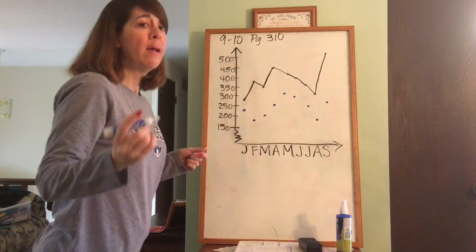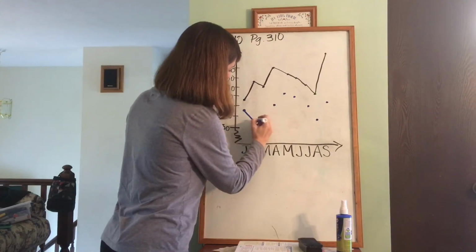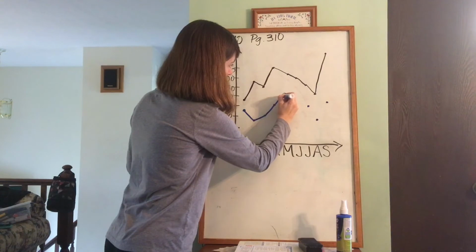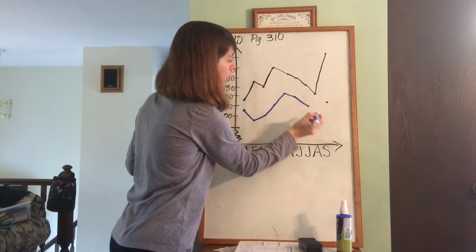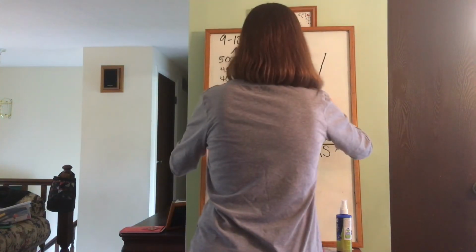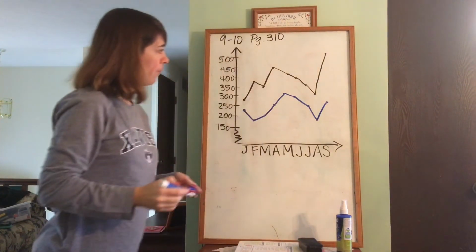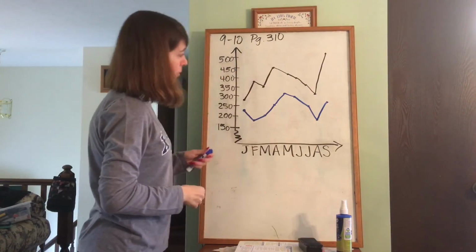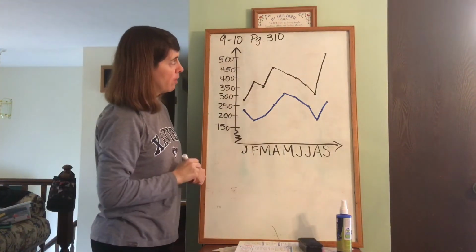Okay, again, connecting the dots as best you can with line segments. If you can use a ruler to do that, that's great. Not so easy to do here on my dry erase board. Okay, so then you'll be able to compare and draw conclusions about what happened with the data.